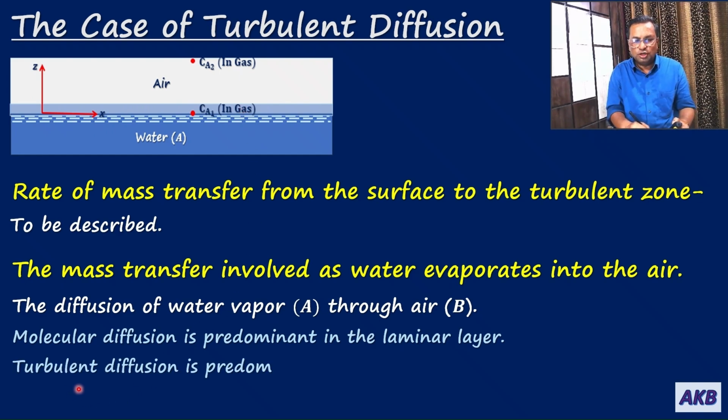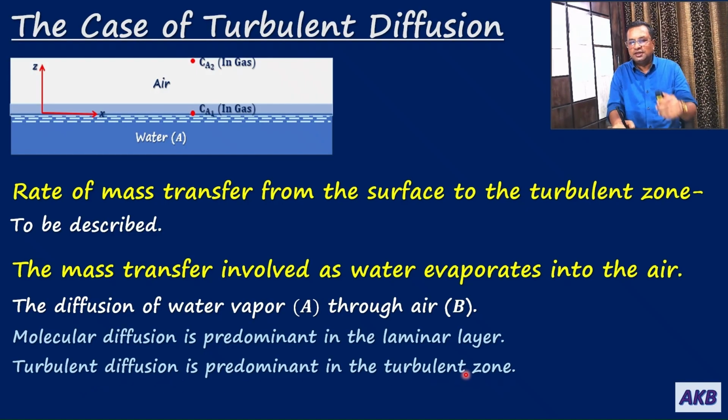And when you move away from the surface, turbulent diffusion is predominant. Turbulent diffusion is predominant in the turbulent zone. So our objective is to describe rate of mass transfer for the case where molecular diffusion is predominant in the laminar layer and turbulent diffusion is predominant in the turbulent zone.